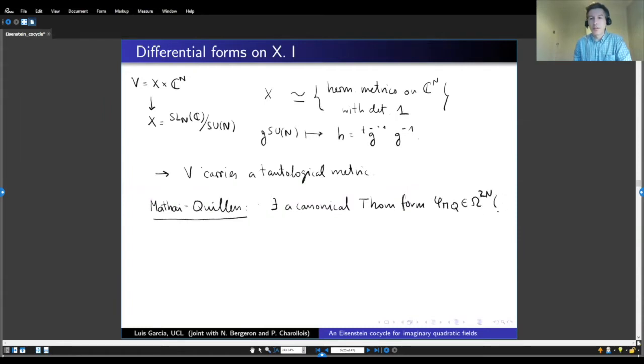So this is a form of degree the real rank of the bundle V, so 2n, and it has the property that it's closed. And if you integrate on any fiber, you get 1. And it's also functorial.